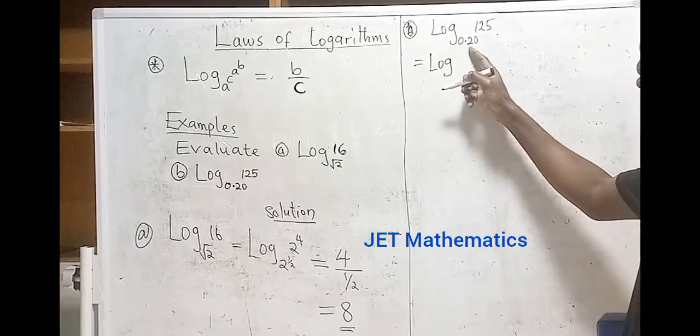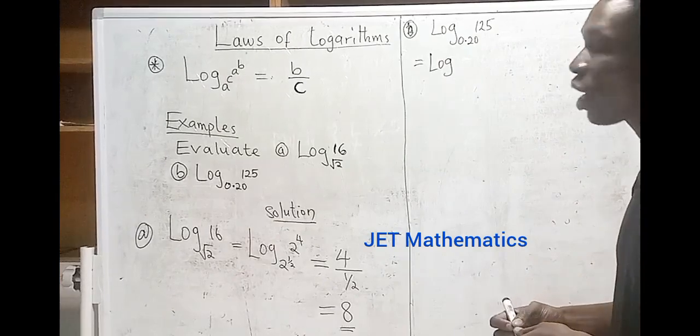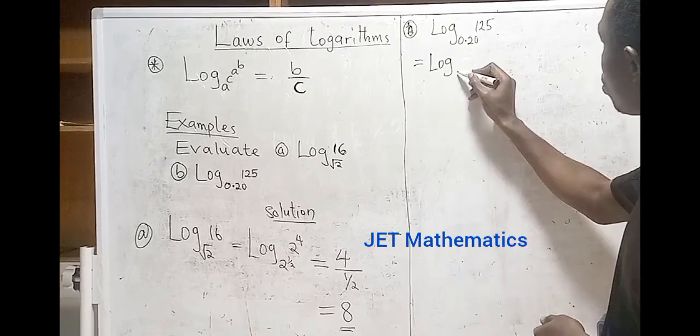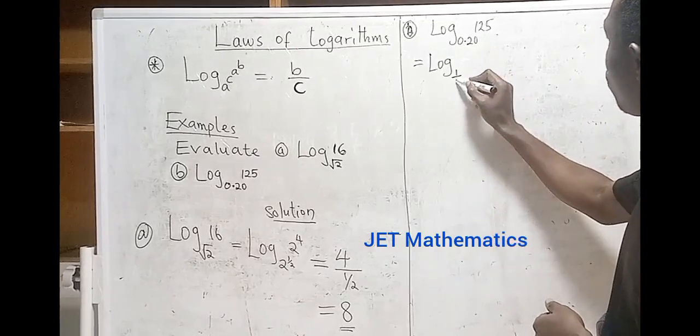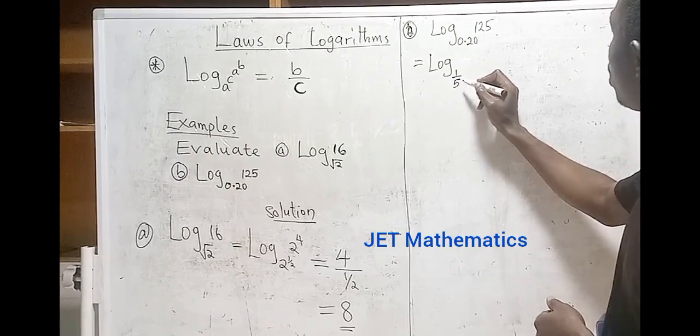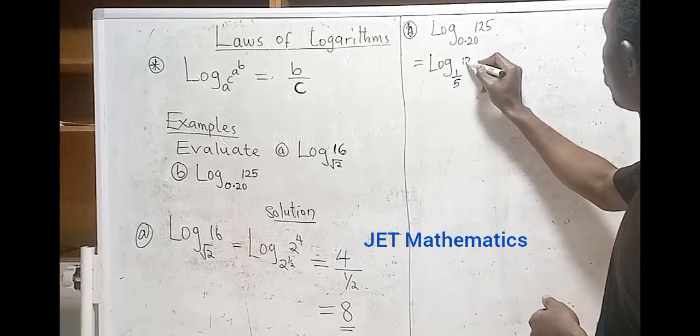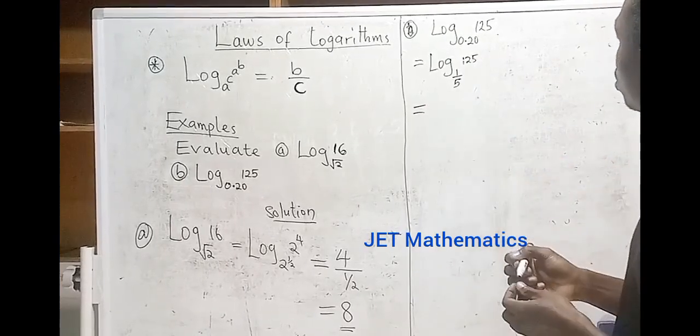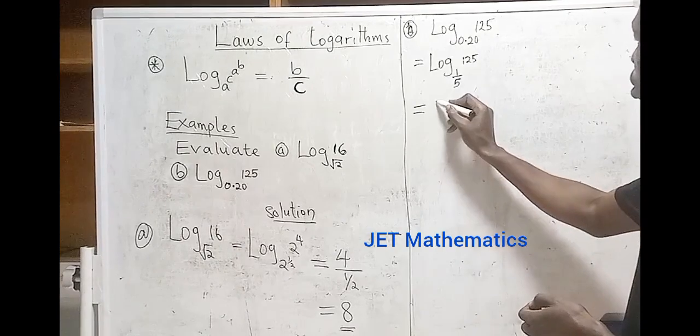Now if we change 0.20 to a fraction, if we change this decimal number to a fraction, it becomes 1 over 5, and then here is 125. So this gives us again log.